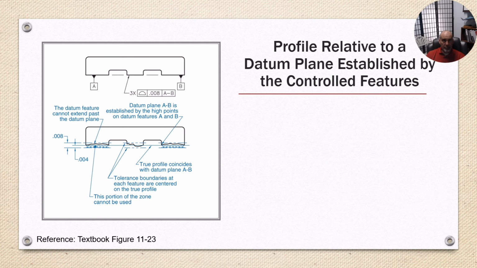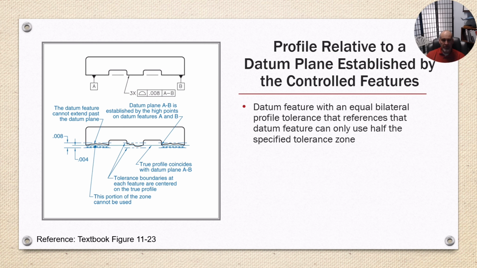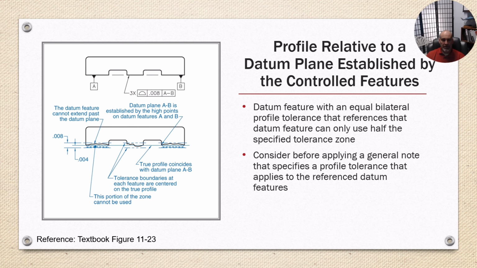Okay, the profile relative to a datum plane established by control features. The datum feature with an equal bilateral profile tolerance that references that datum feature can only use half the specified tolerance zone. And consider applying a general note that specifies a profile tolerance that applies to the reference datum features.